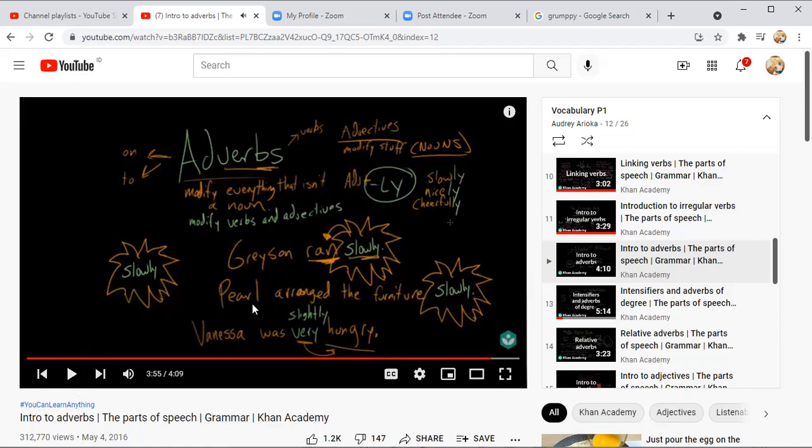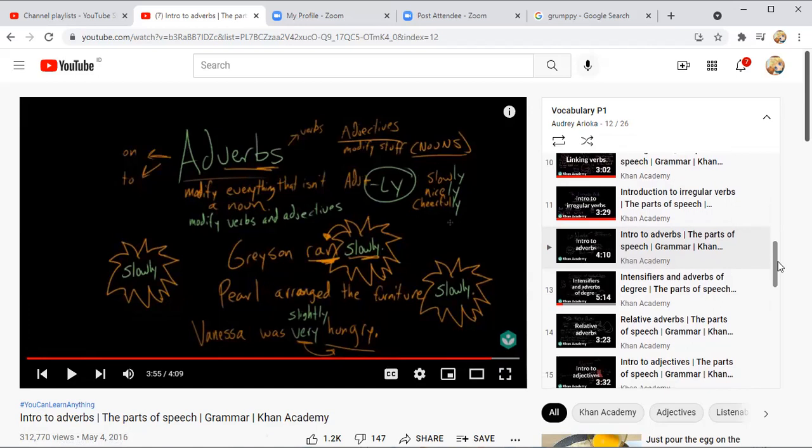Okay. So as you can see, it's slow, nice, cheerful. It's all like kata sifat, right? It's an adjective. And you add ly, which is a suffix, kata belakang ya. And you get an adverb. That's it. That's the basic thing about adverb, okay?